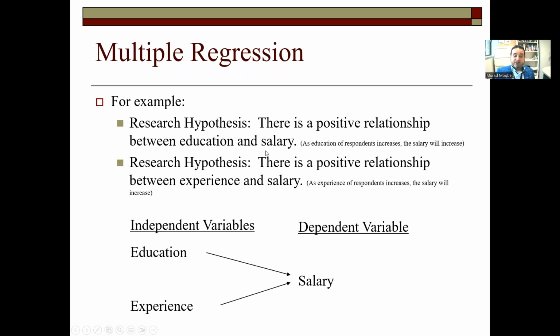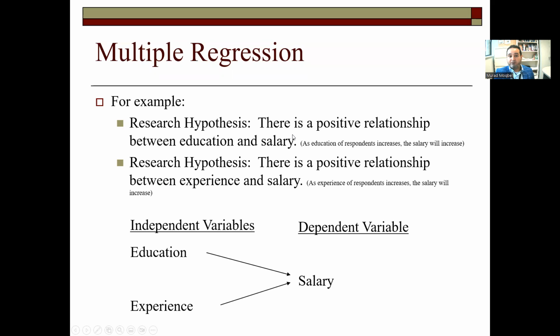So we state the research hypothesis. Remember when you took your stats course, you were introduced to alternative hypotheses and null hypotheses, right? In science, usually we state the hypotheses in our research scientific papers as alternative hypotheses. So this is the alternative hypothesis that we want to test, whether it holds or not, right?